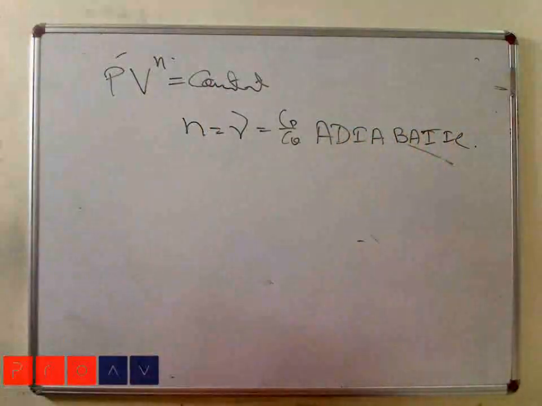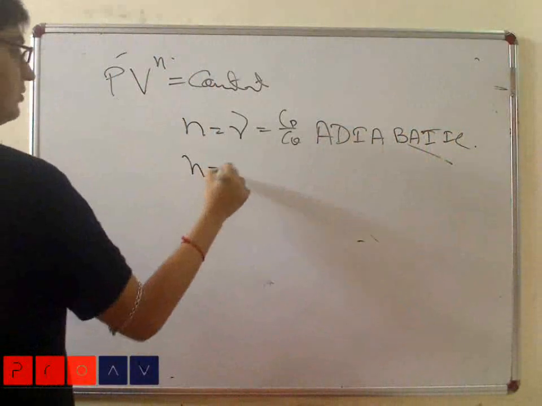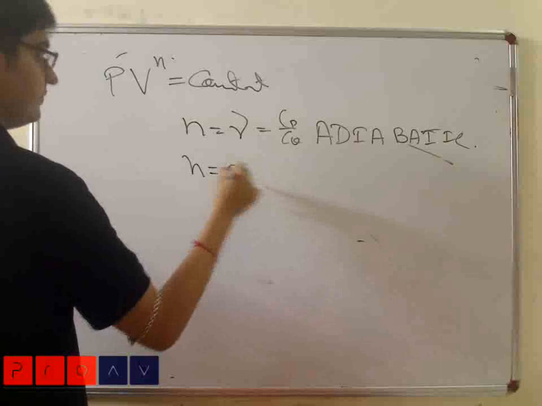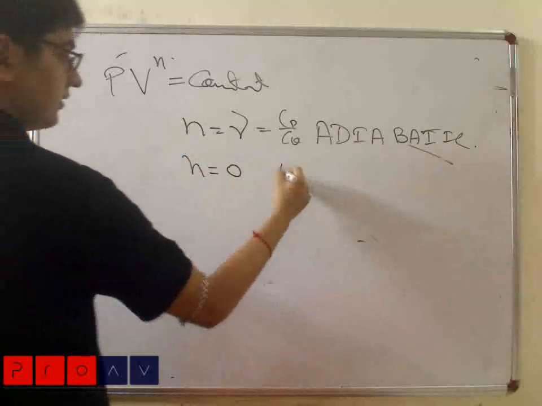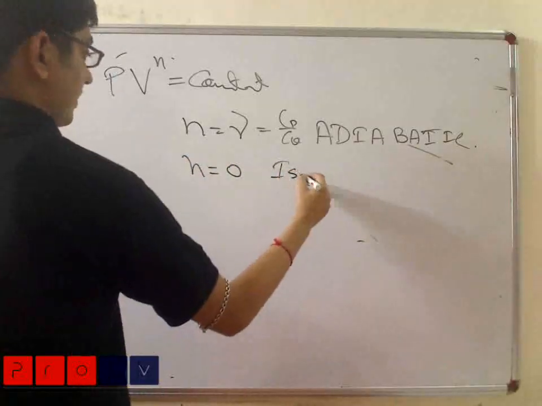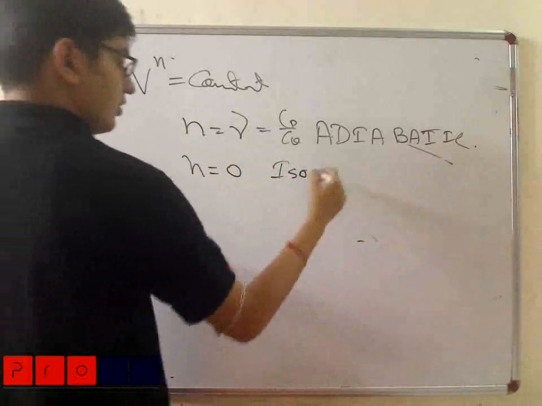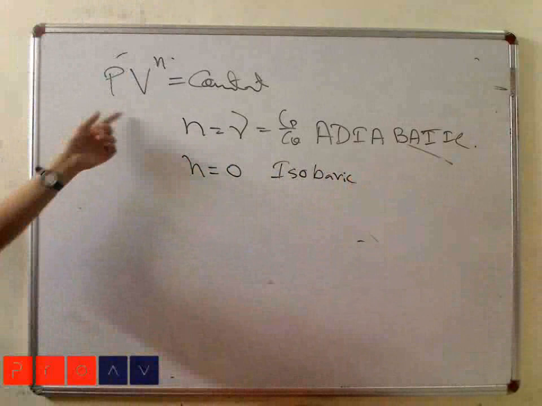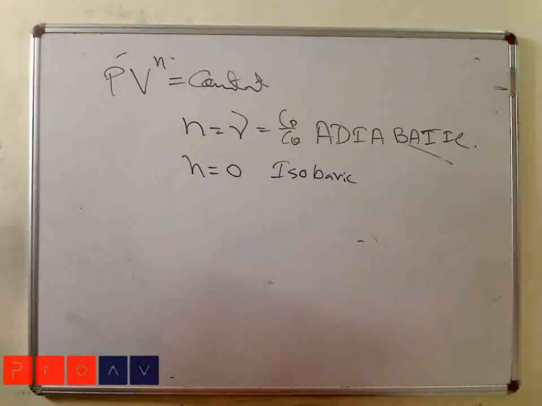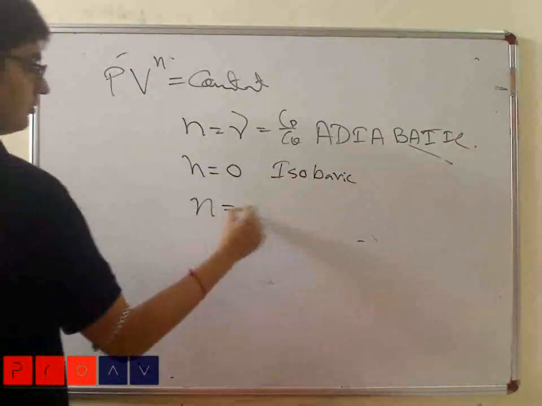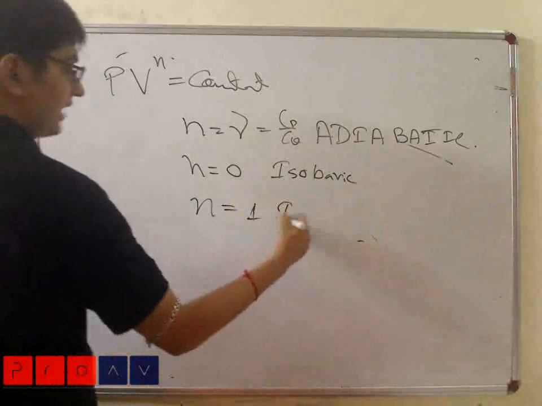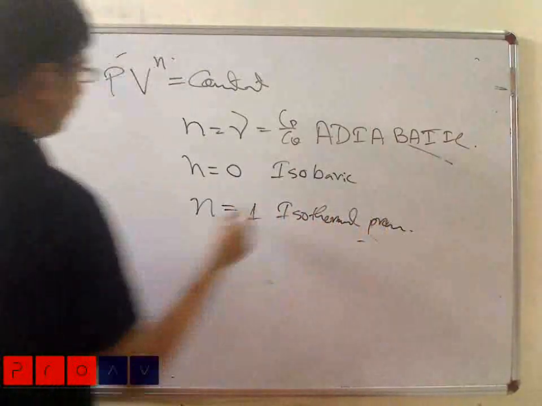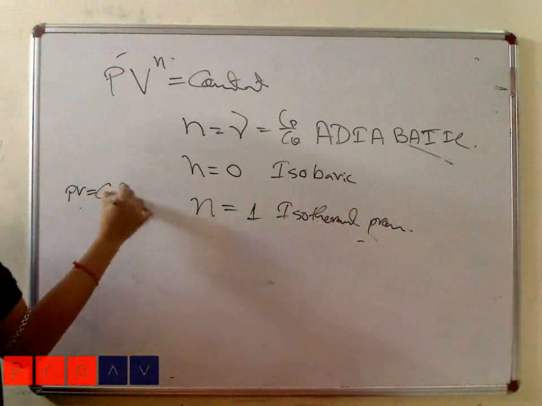And n is equal to 0 for isobaric process. N is equal to 0 means P is equal to constant. For isothermal process, n is equal to 1. N is equal to 1 means PV is equal to constant.